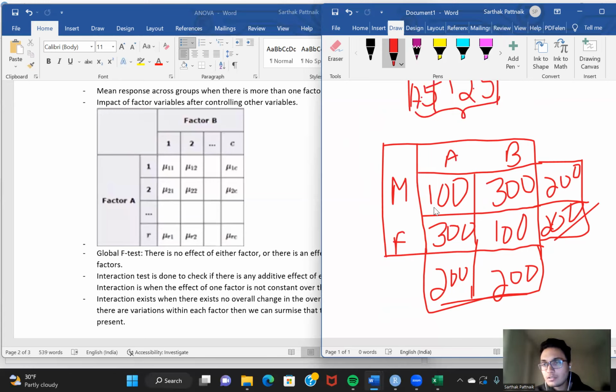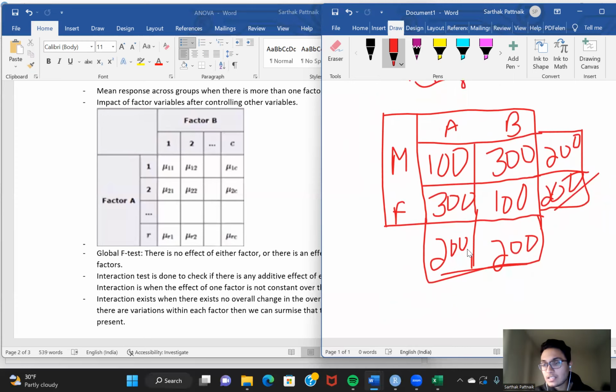And the same goes for the gender scenario, when we keep gender constant and vary the drugs. Because of these same marginal means, we can conclude that there is an interaction. So when the overall marginal means do not change, only then can we say that the two factors in our analysis are interacting with one another.